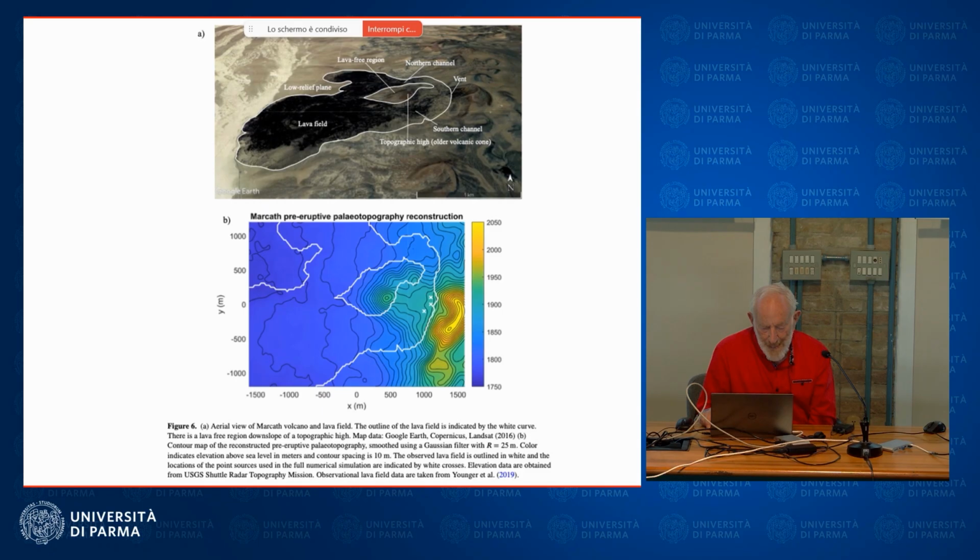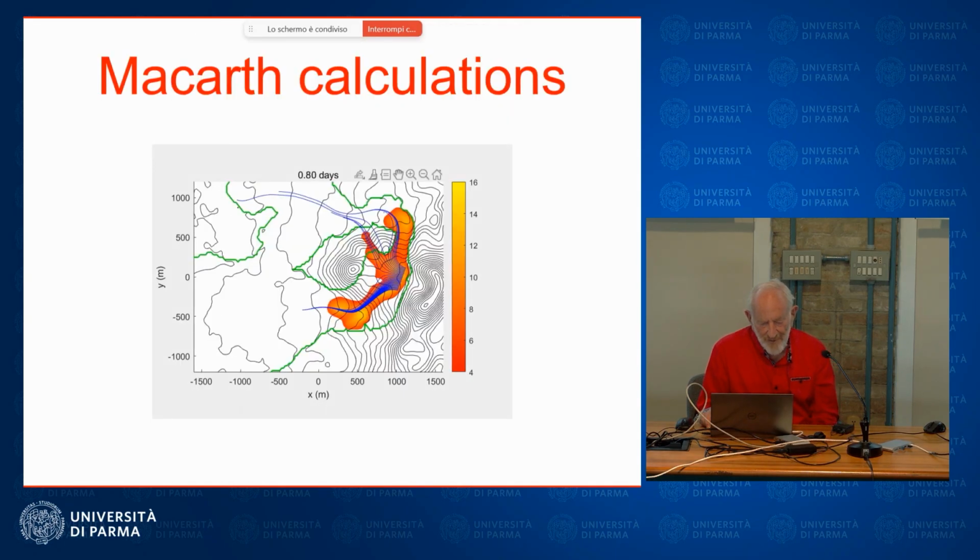McCarth in South Texas, and I've just forgotten how many years ago it was. Older than me, 2,000 or 2,500 or something. That is older than me, and I'll show you how our calculations are. Well, this is the calculations using the topography of how the lava would have flowed.